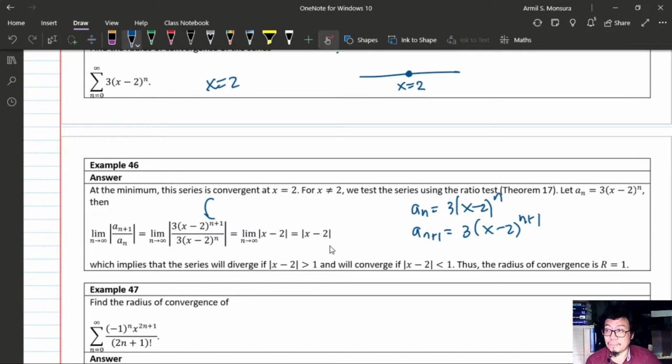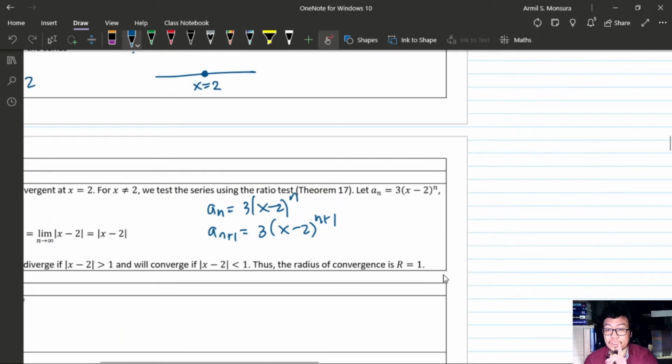And in that case, for your series to converge, the requirement for the ratio test is that that finite number must be less than 1. That's what theorem 17 states.